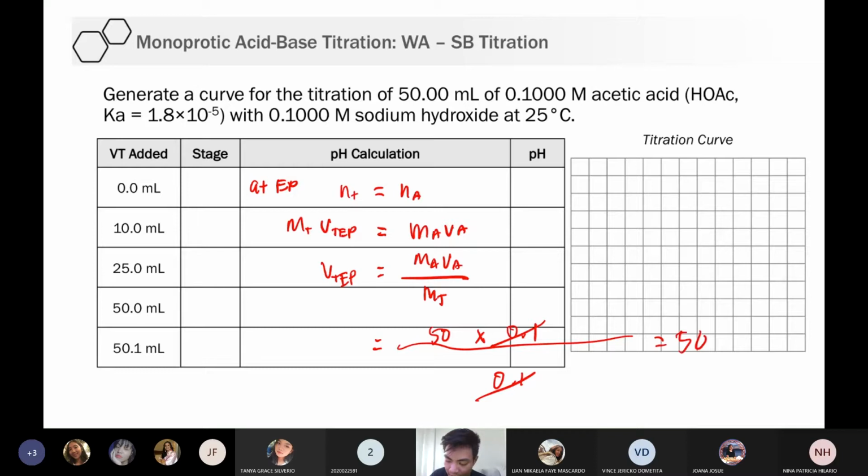So basically, VTEP is 50 ml. Bakit nag-cancel ako? Kasi pareho siyang 0.1 molar, cancel mo na lang. So, VTEP is 50 ml. At that point, dun mangyayari yung equivalence point. Ibig sabihin, tapos yung titration dyan.